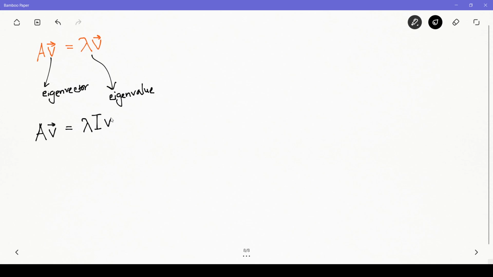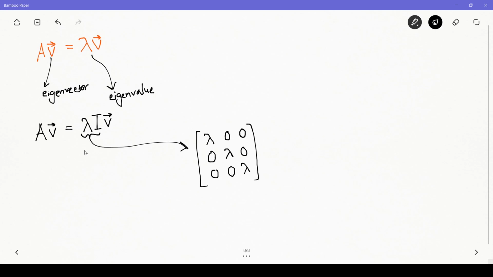So we end up with something like this. Let me draw it a bit more nicely. This thing right here is the same as writing what? The identity matrix where the diagonal has been set to the scalar value lambda. So this thing is the same as writing this thing over here.